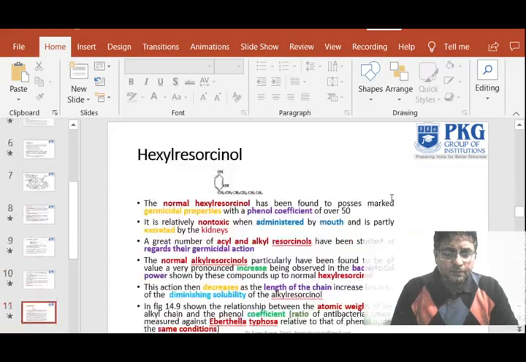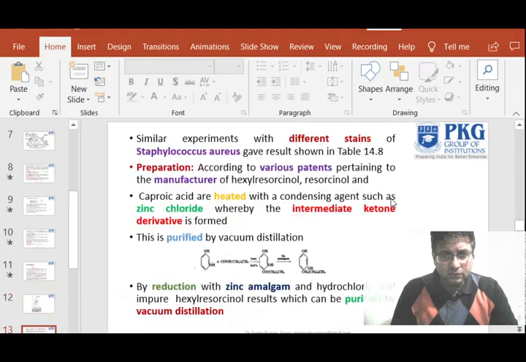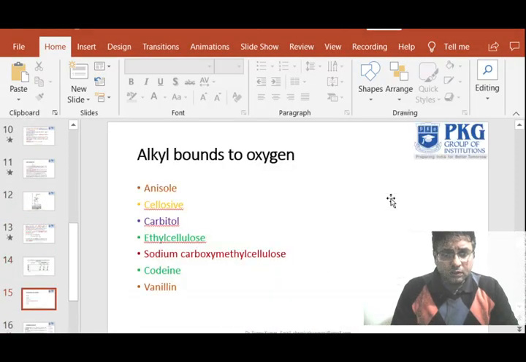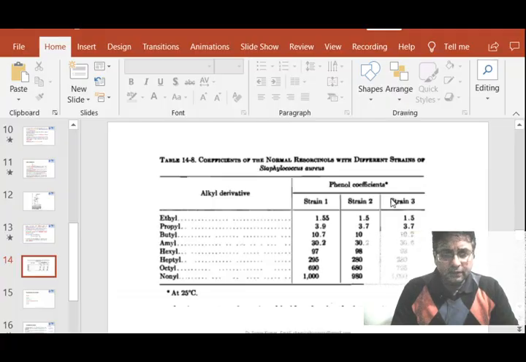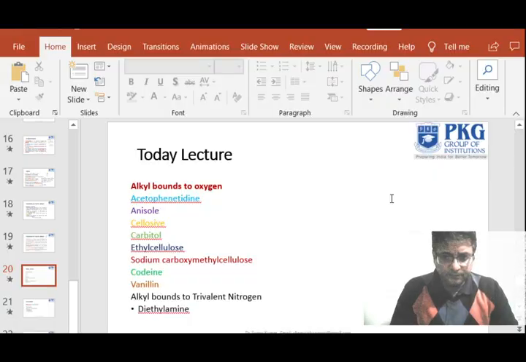And this hexylresorcinol we have also discussed, and the different normal resorcinols with different strains of Staphylococcus aureus we have also discussed. So this we have discussed in today's lecture.